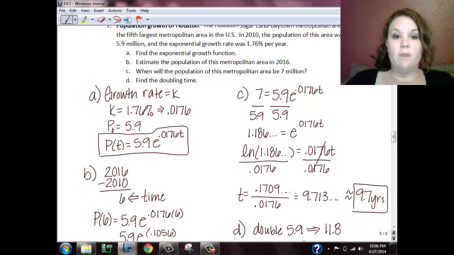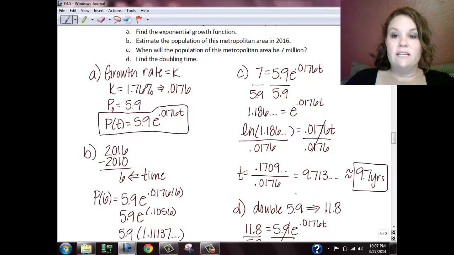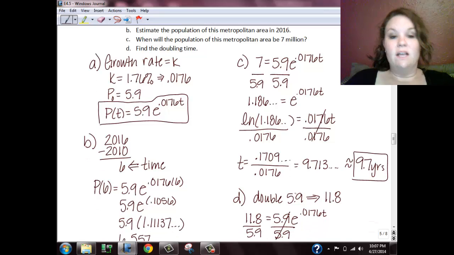Part B says estimate the population in 2016. So first I need to know how much time has lapsed. My initial population, 5.9 million, was referenced in 2010. So I take 2016, subtract 2010, which means 6 years have lapsed.